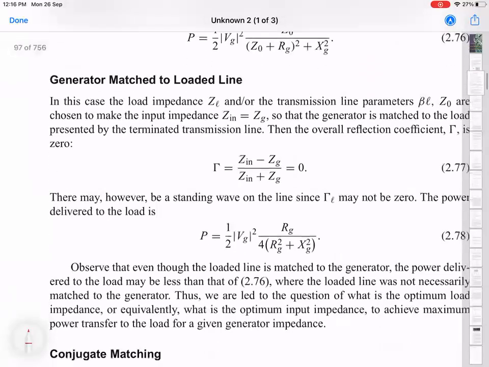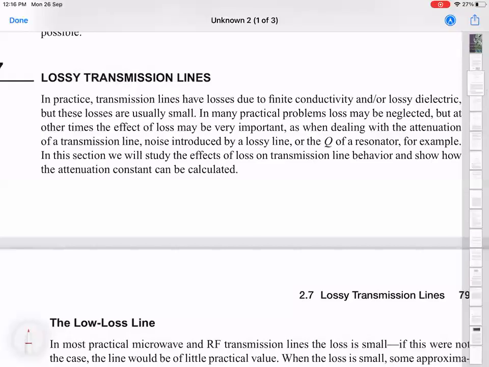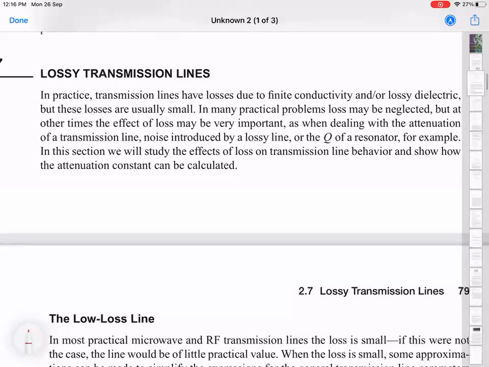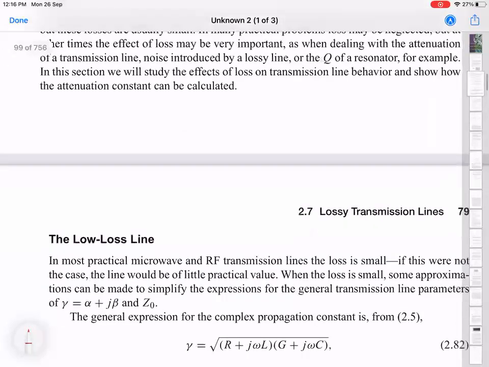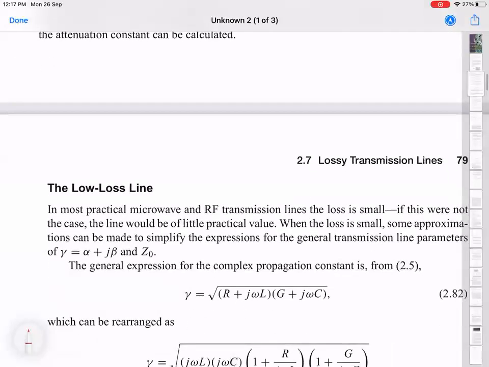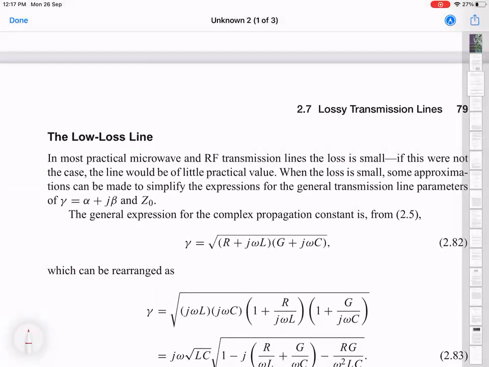So we move on to lossy transmission lines. I think we had briefly discussed this in an earlier lecture as well. The general idea is that for the most general transmission line, you have inductance per unit length and capacitance per unit length, but you also have resistance and conductance, where the resistance is the one in series with the inductor.